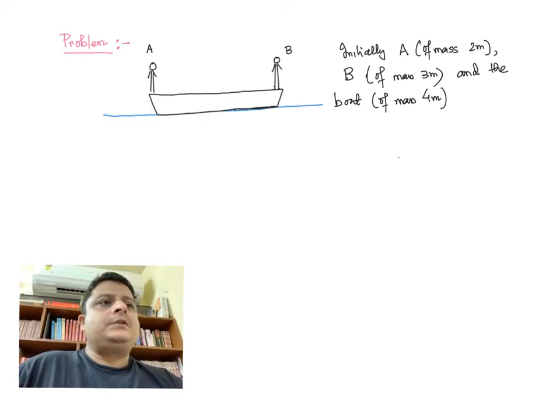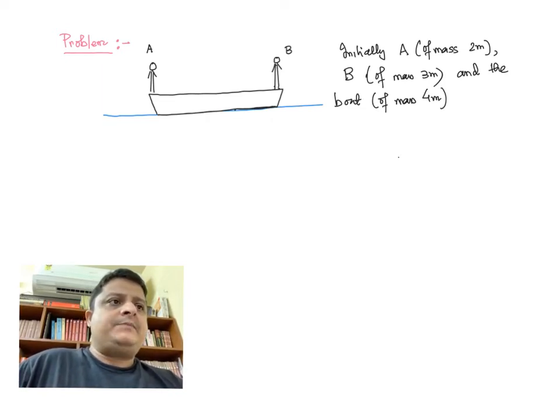So A is a person, B is a person, and they are standing on a boat of mass 4m, all were at rest.